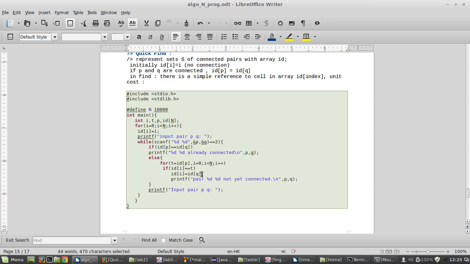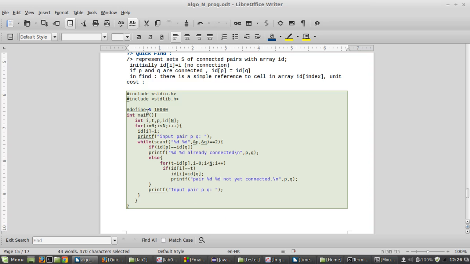Similarly, you have seen here that t is initialized to the id of p. Then id of i is checked against id of q to see if they are equal or not, because previously it was not equal, right?